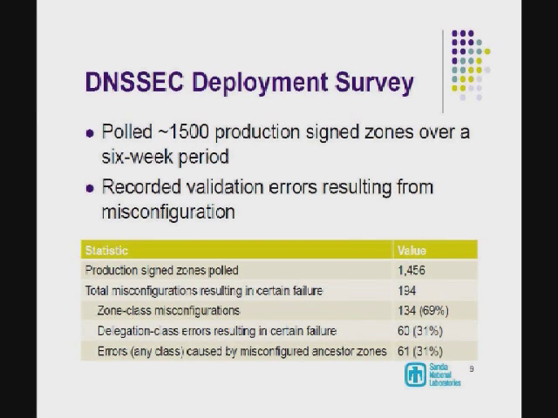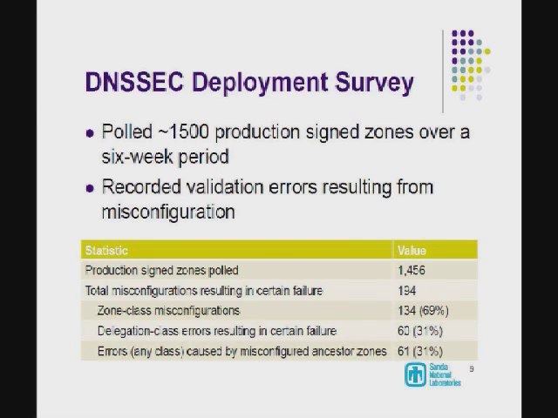And what we found was out of this subset of zones that we analyzed, we had about 194 misconfigurations that resulted in certain failure, meaning the failure potential was 1.